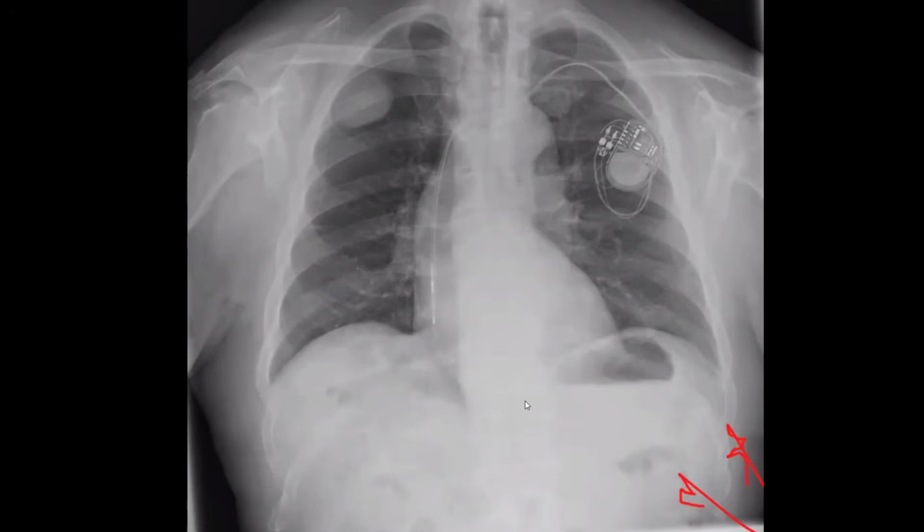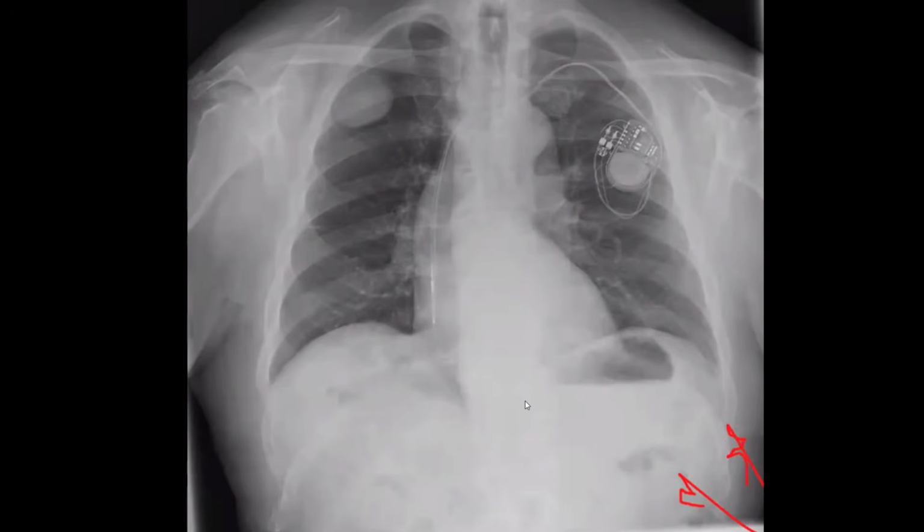Based on its broad base. Okay, it's a broad base, you are right. The lesion has an obtuse angle. Okay, you are right. Totally agree. But we have a very specific sign here. We mentioned this one in the last session. Do you remember this one?